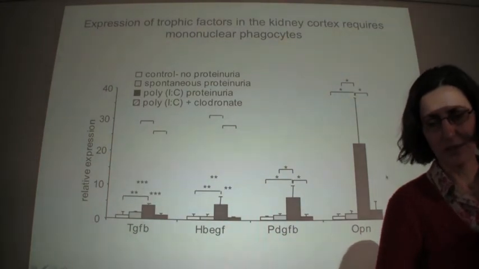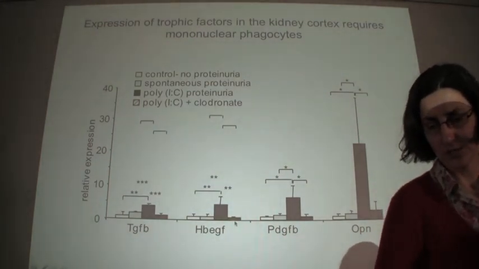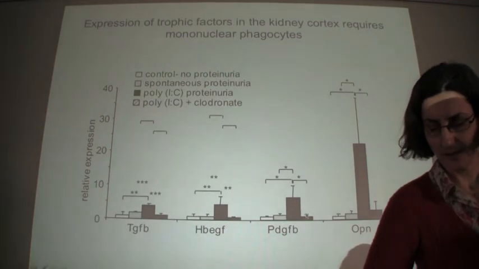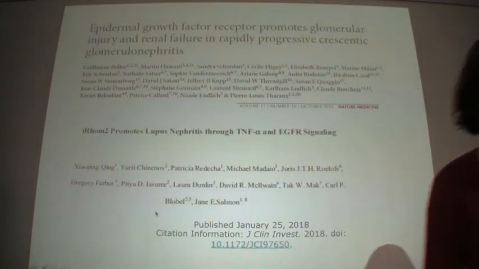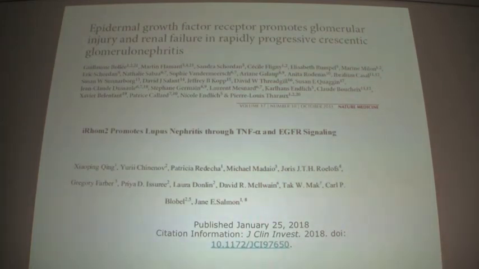This is also for the whole kidney. If you took the macrophage out, there was no HB-EGF expression, or PDGF, another trophic factor, or TGF-beta, very important. So people have followed up on this through the years. One paper came out, not specific for lupus nephritis, but they showed that crescentic nephritis depends on EGF receptor signaling, so you need trophic signals for epithelial cell proliferation.